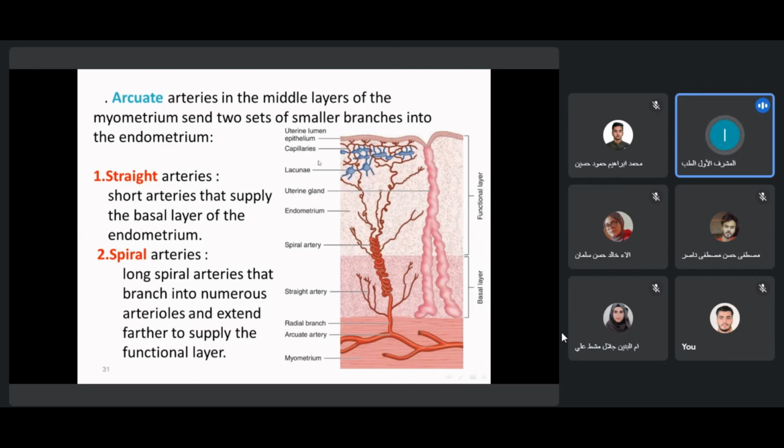It gives a network of thin-walled, delicate capillary network, vascular lacunae that will drain into the venules. This part is hormone sensitive, and the responsiveness of the spiral arteries to the hormone changes will give the shedding in this functional layer.